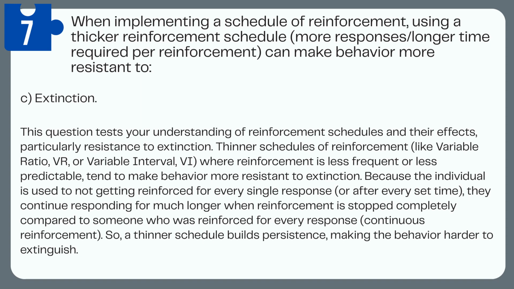They continue responding for much longer when reinforcement is stopped completely compared to someone who was reinforced for every response, continuous reinforcement. So, a thinner schedule builds persistence, making the behavior harder to extinguish.